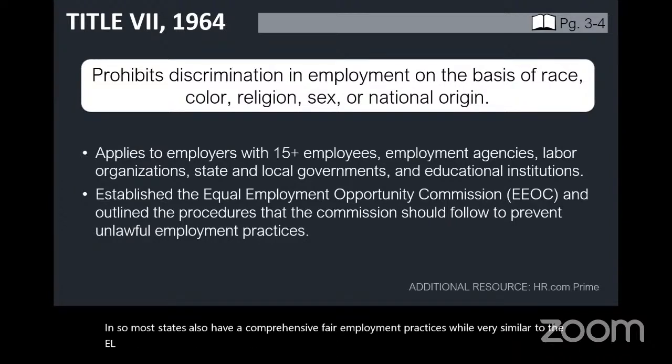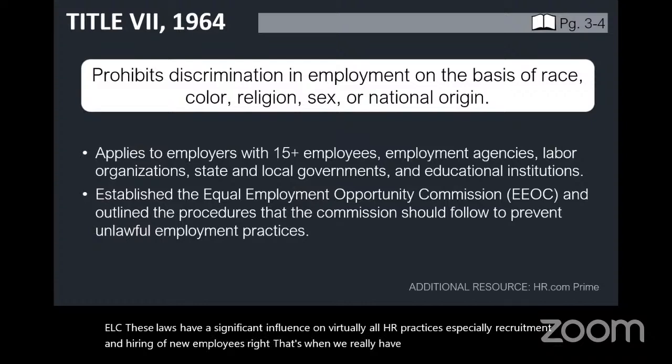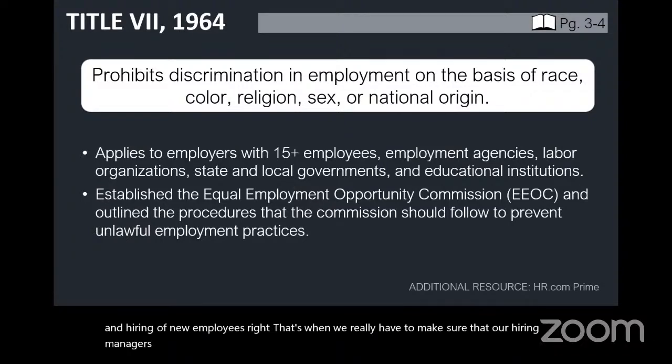These laws have a significant influence on virtually all HR practices, especially recruitment and hiring of new employees, right? That's when we really have to make sure that our hiring managers are well equipped and knowledgeable in asking certain questions in the interviewing process, right?